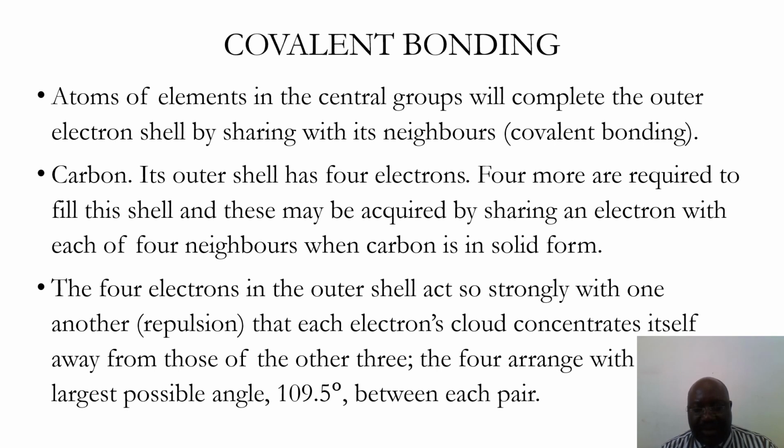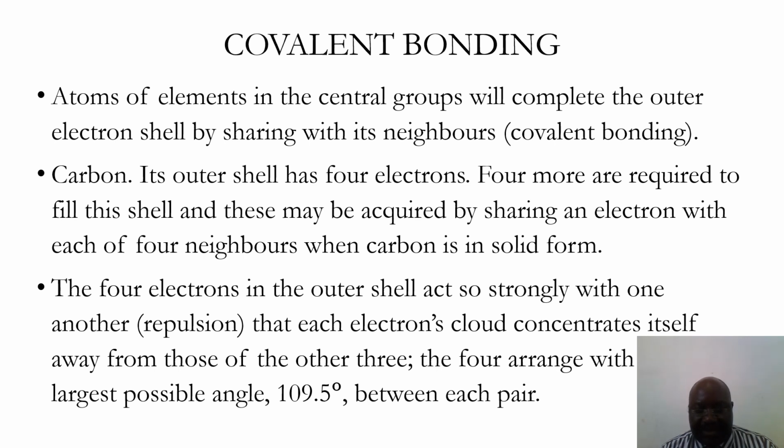These may be acquired by sharing an electron with each of the 4 neighbors when carbon is in solid form. We can see this in the carbon atoms in diamond. All the 4 electrons are shared, forming 4 bonds in the carbon structure of diamond.